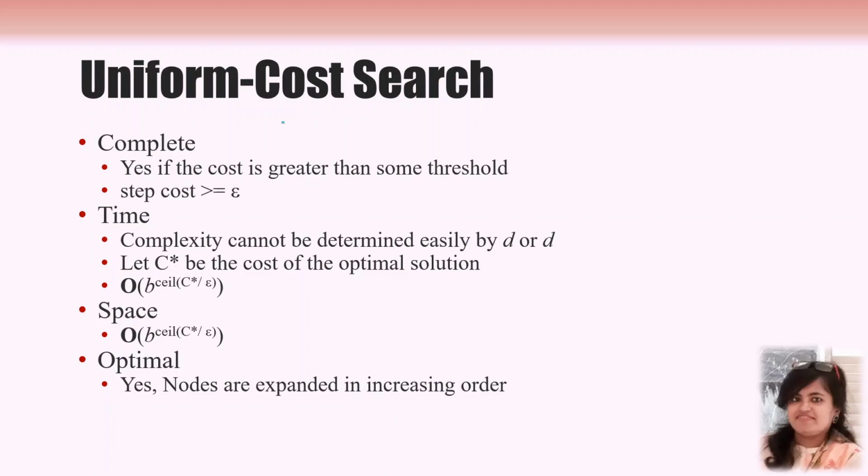That value is not equal every time. So to calculate this we need this C star value. The space complexity you can again calculate using the C star value, and this particular search technique is an optimal one, as the nodes are expanded in increasing order, right? So this is the uniform cost search.